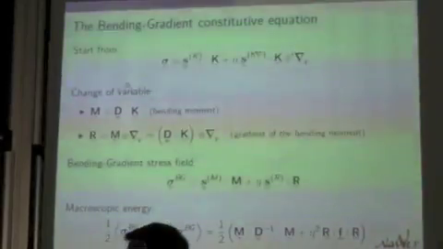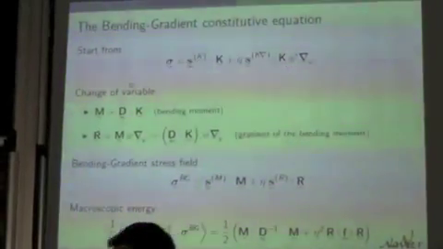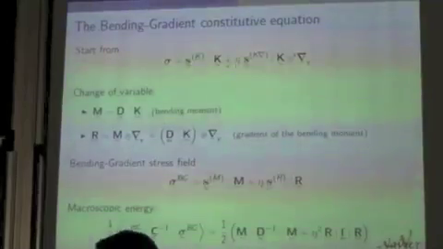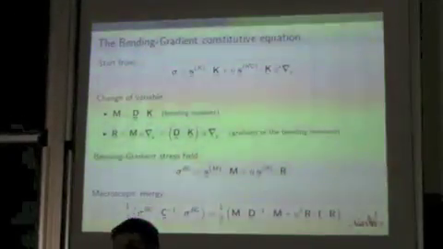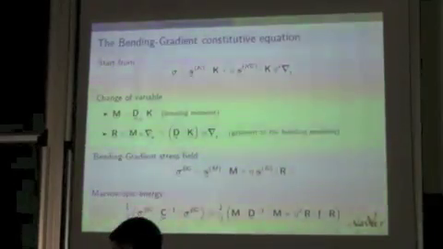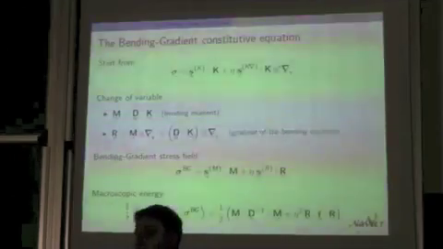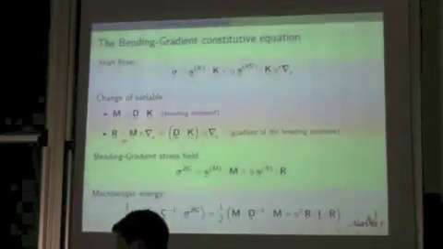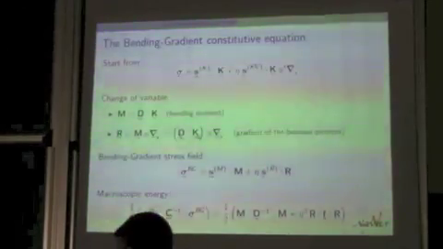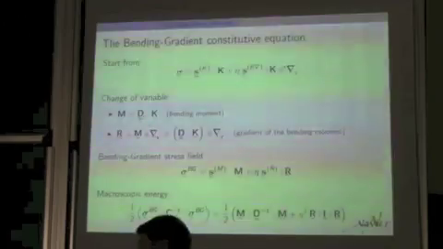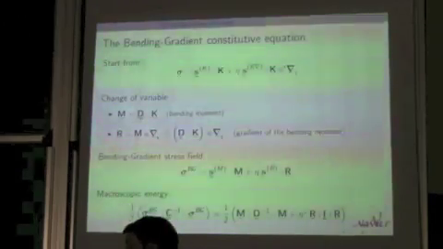If I perform a change of variable, and this is not neutral, I want to privilege the bending moment using the constitutive equation of the bending, so the Kirchhoff constitutive equation, and I choose to introduce its gradient, so the gradient of the bending moment, which is actually related to the gradient of the curvature. From the constitutive equation, I just introduced it there, which is the bending stiffness.